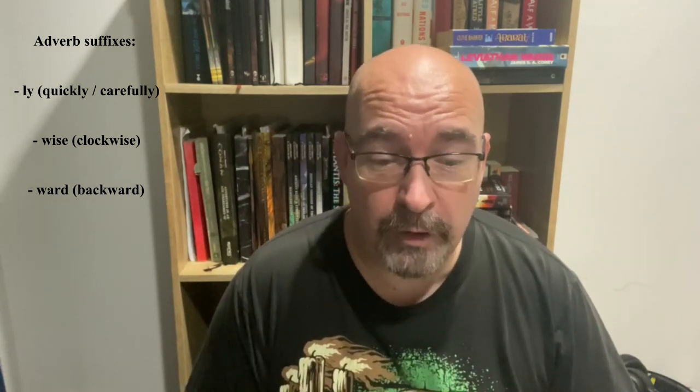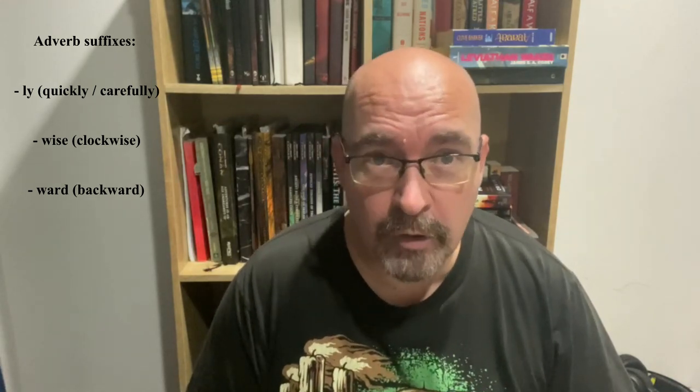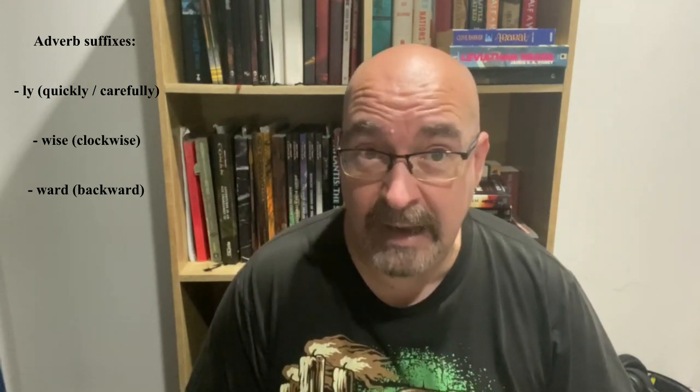And then WARD, backward, upward, forward. So that's another example of an adverb suffix. There's not very many. And for verbs: IZE, criticize, nationalize. IFY, simplify. EN, strengthen. And ATE, communicate. These are all verbs. Okay, so it's a lot to remember, but there's a list for you to look at.